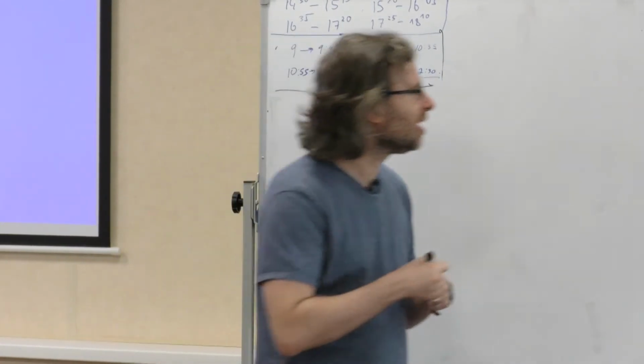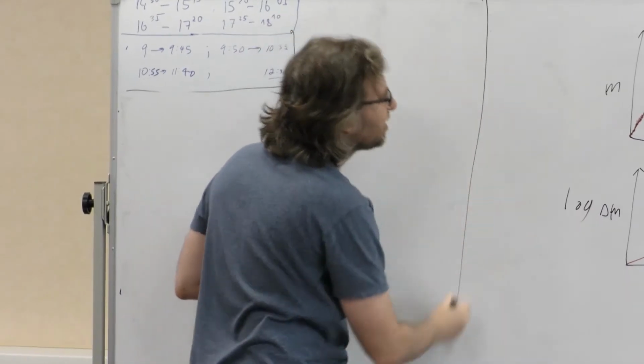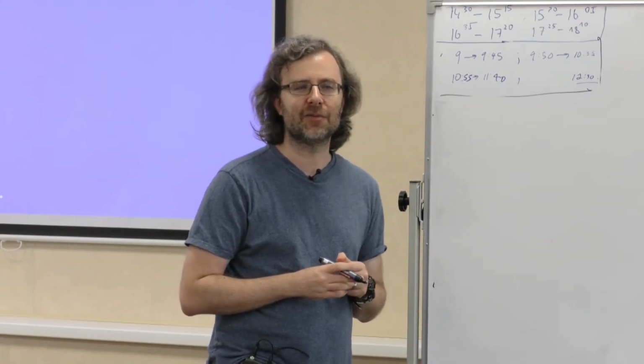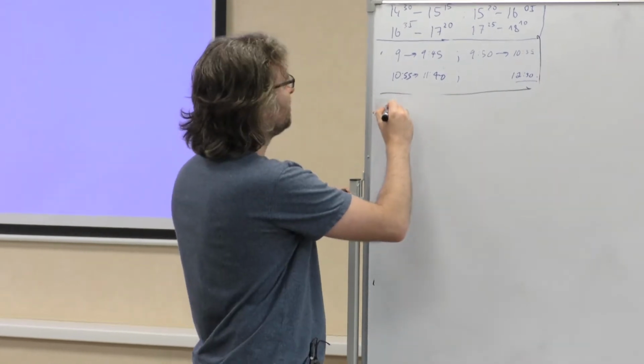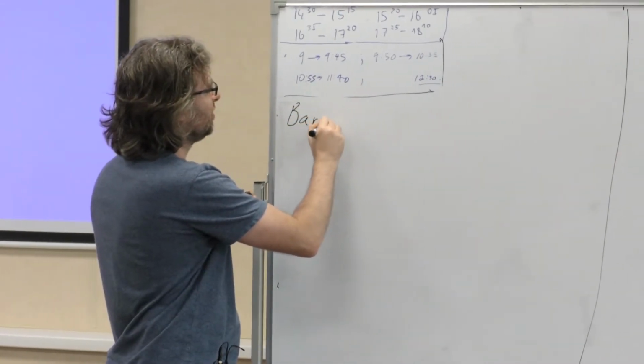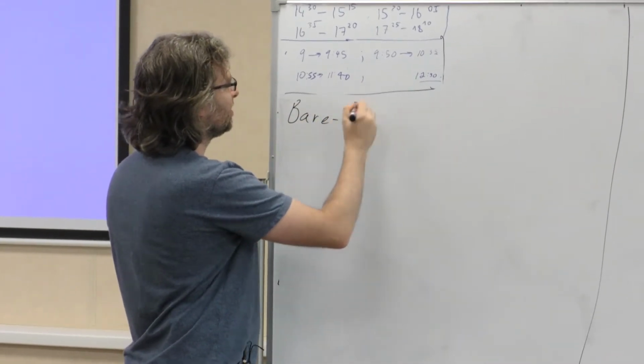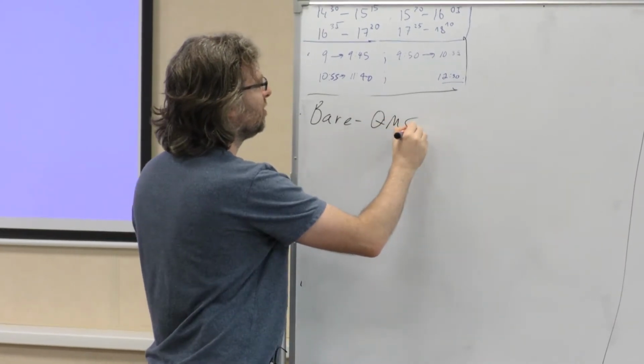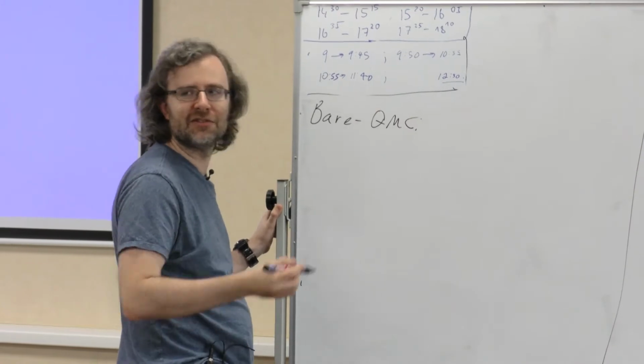I will show you a couple of things. The first one is a little bit for teaching purposes, because it has to do with these self-energies that we talked about. The old method, the method which clearly has a sign problem, we call the bare expansion.